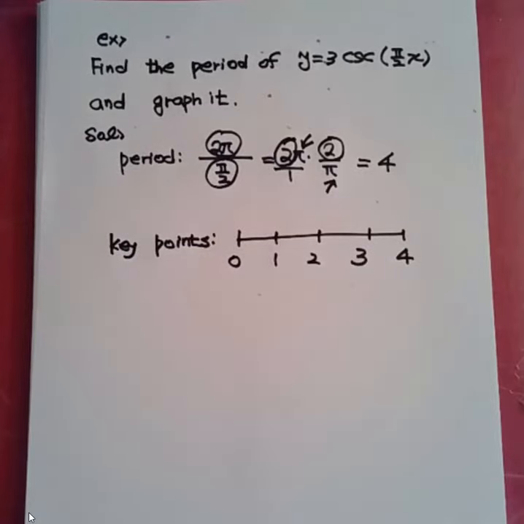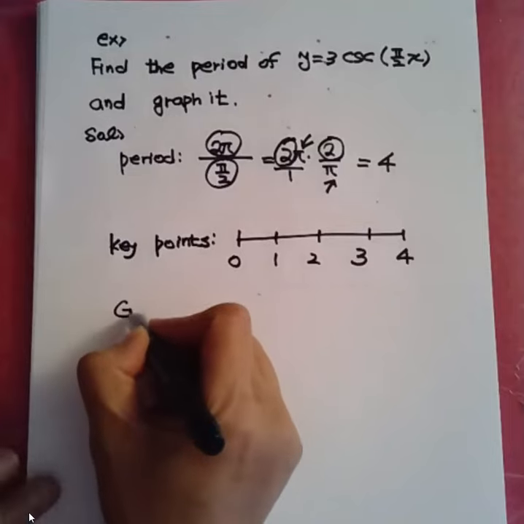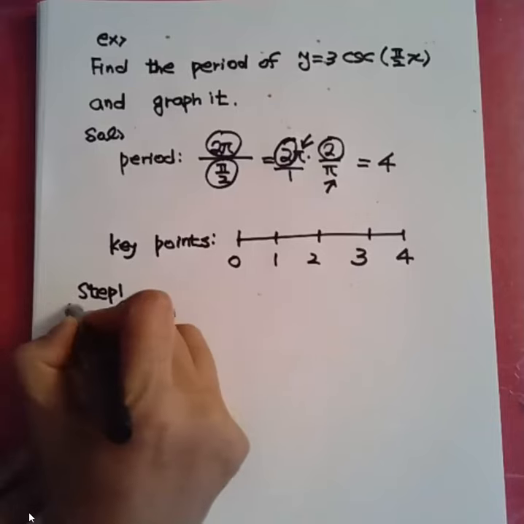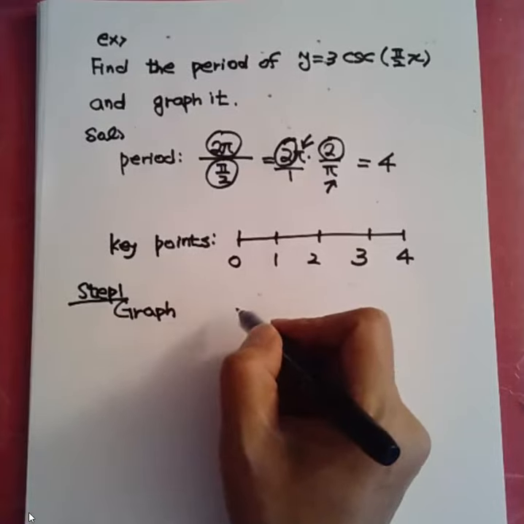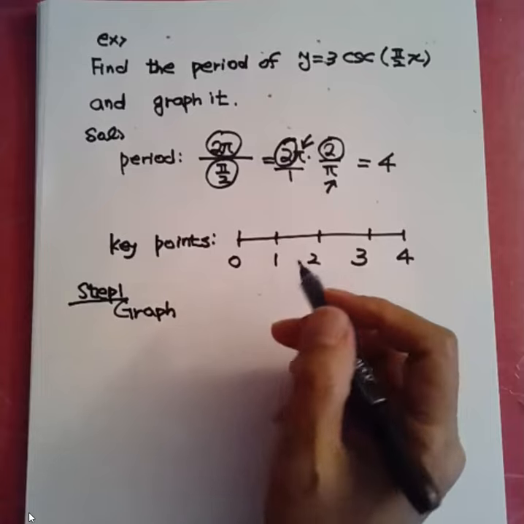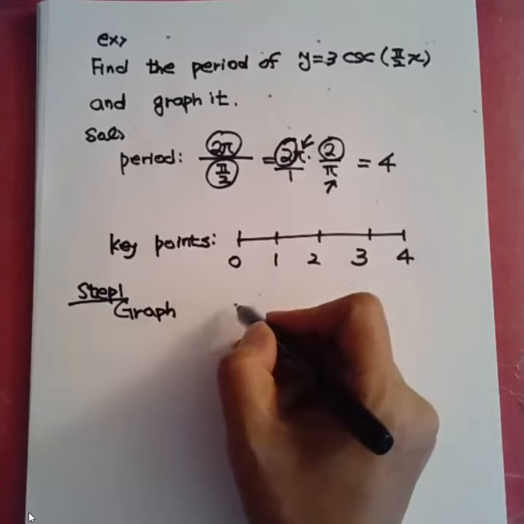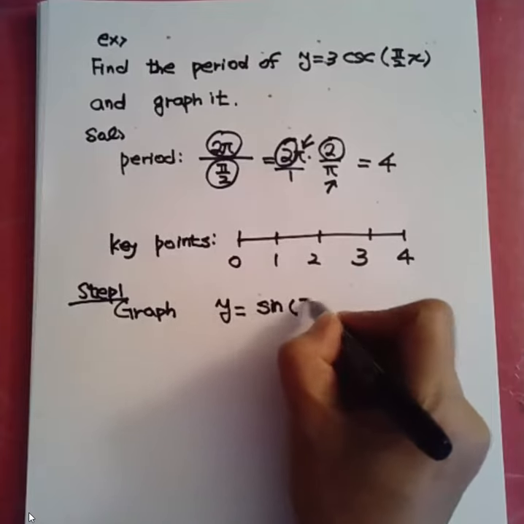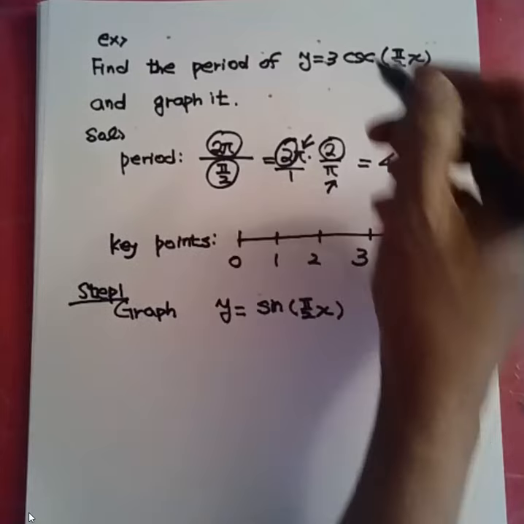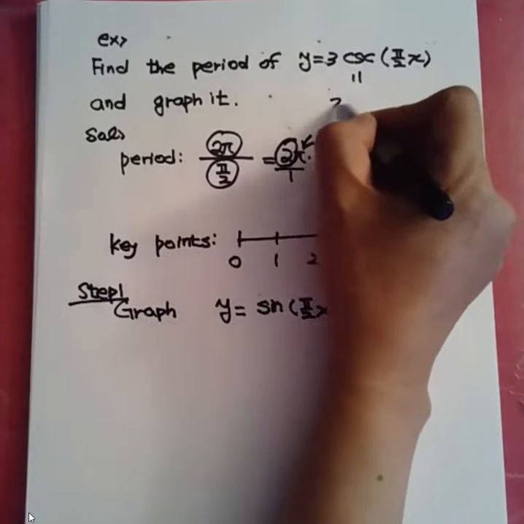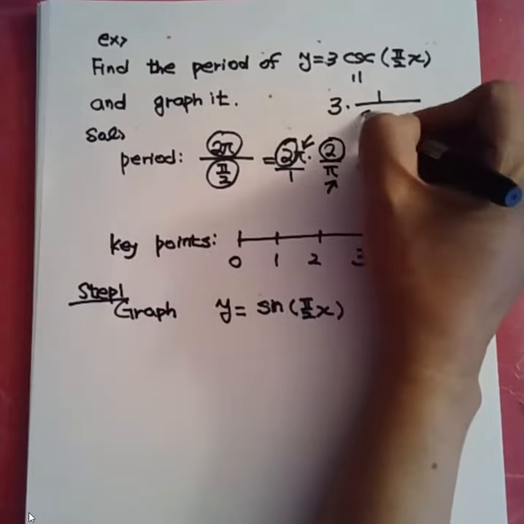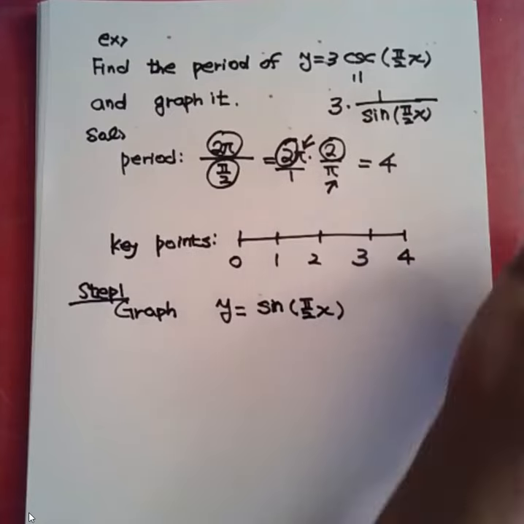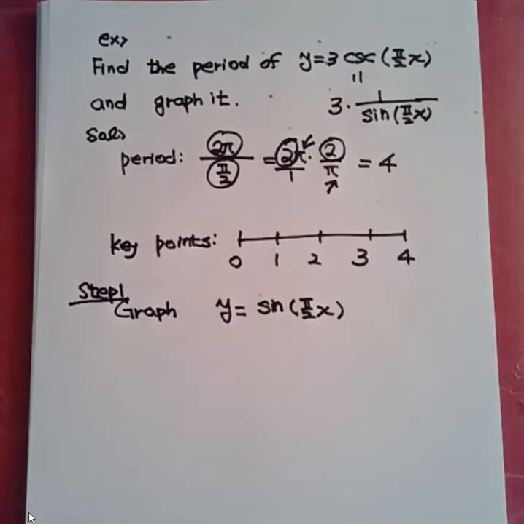Our strategy will be graphing sine of pi over 2x, because we are understanding this function as 3 times 1 over sine of pi over 2x, or just 3 over sine of pi over 2x.